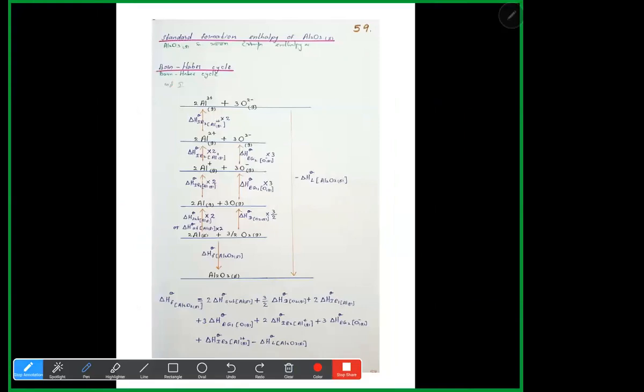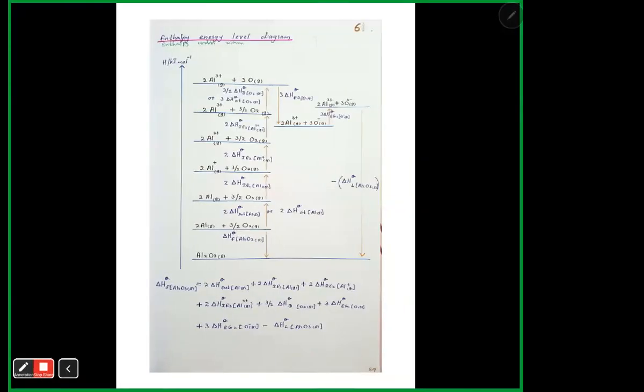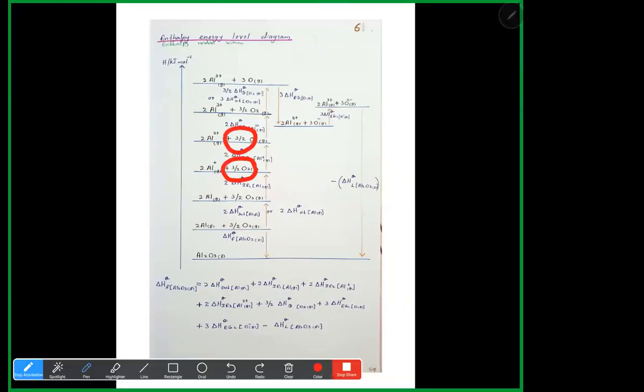The difference with aluminium: aluminium has first ionization, second ionization, third ionization. So oxygen has first electron gain, second electron gain. Born-Haber cycle, you can just draw whichever way. But in the enthalpy energy level diagram, we know oxygen's first electron gain is negative.